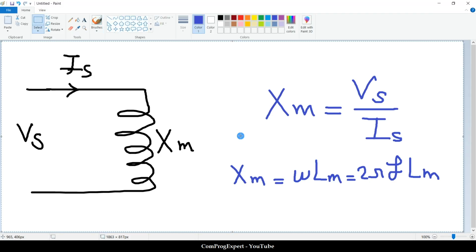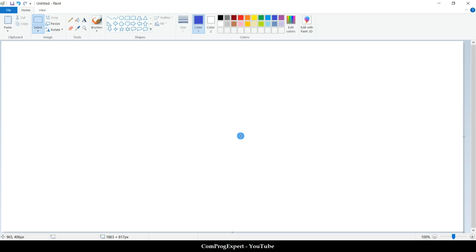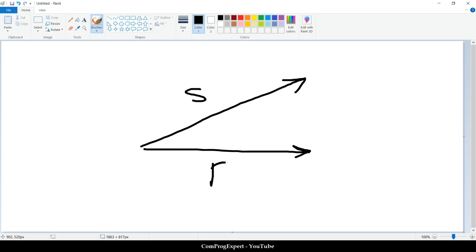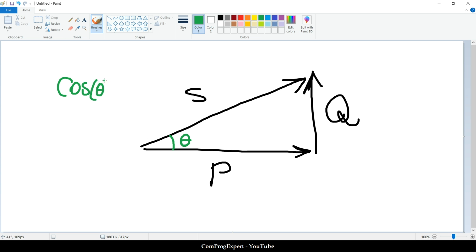Also, you remember this power triangle. This is S, this is P, the real power, and this is Q, the reactive power. This is the angle theta. Cosine of theta is the power factor.